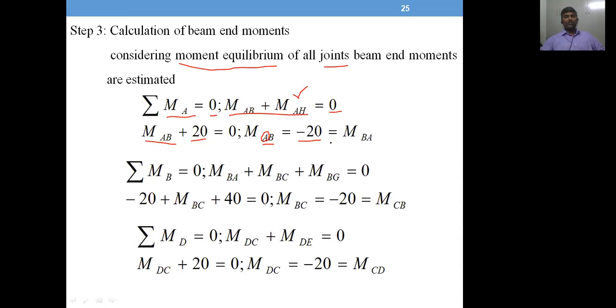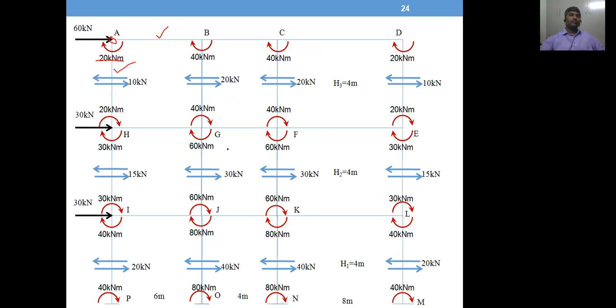It is minus 20, in the sense that it is opposite to the direction of moment in AH. What is the direction of moment in AH? It is clockwise. So opposite means anti-clockwise, the same value, 20. This is the moment in beam AB at A.